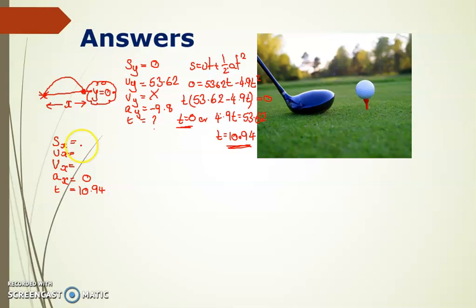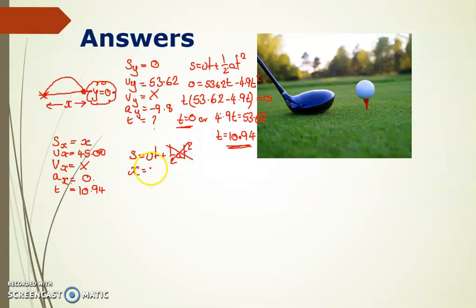What do I know? x is what I'm after. The sx is, we're writing x. And I think I called ux 45.00. In actual fact, that's the one I don't know. So this is SUVAT again. This is s equals ut plus a half at squared again. And if I put these things in, I get x equals. Well, the one thing to notice is because that a equals 0, all of that will disappear.